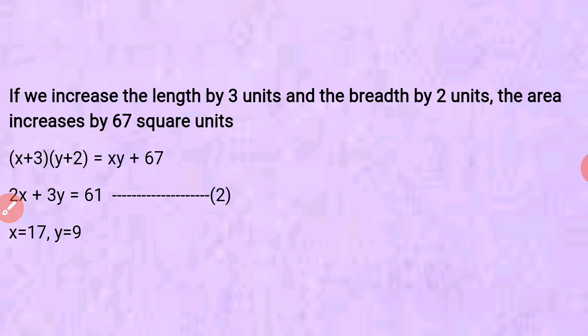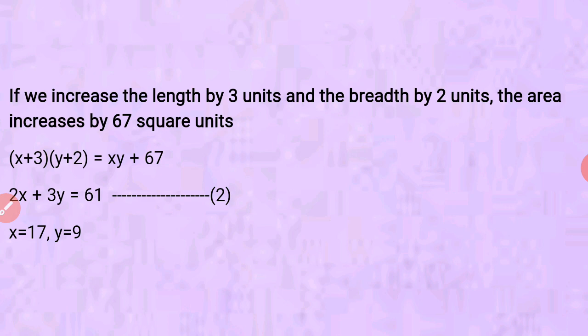If we increase the length by 3 units and the breadth by 2 units, the area increases by 67 square units. Length is increased, so x plus 3. Breadth is also increased, that is why y plus 2, and their multiplication gives you the area.